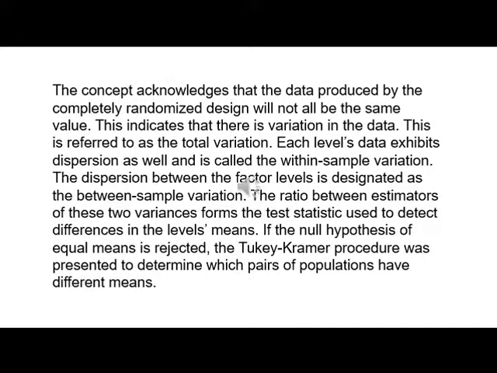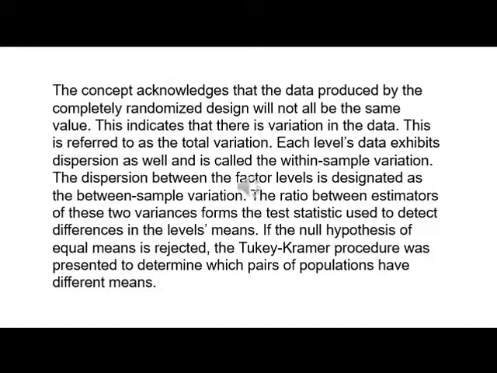The concept acknowledges that the data produced by the completely randomized design will not all be the same value. This indicates that there is variation in the data. This is referred to as the total variation. Each level's data exhibits dispersion as well and is called the within-sample variation.